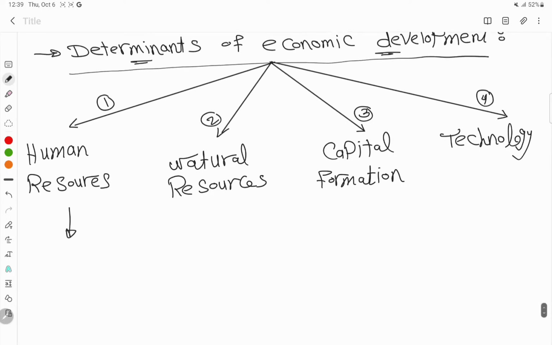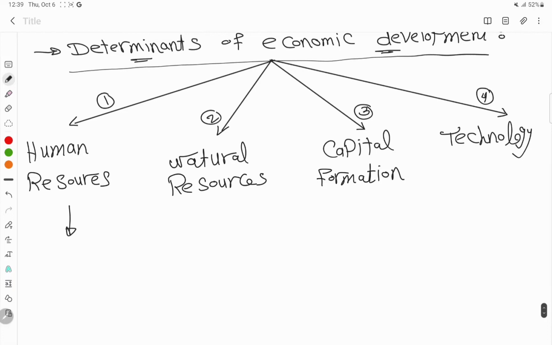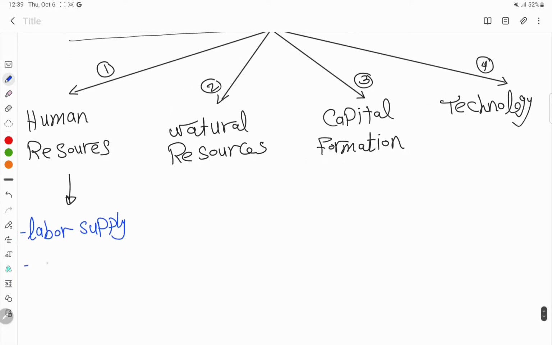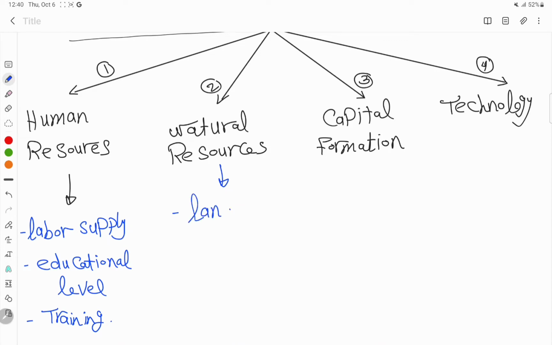Human resources such as labor supply, educational level, and then training. And the natural resources such as land, minerals, and environmental conditions.